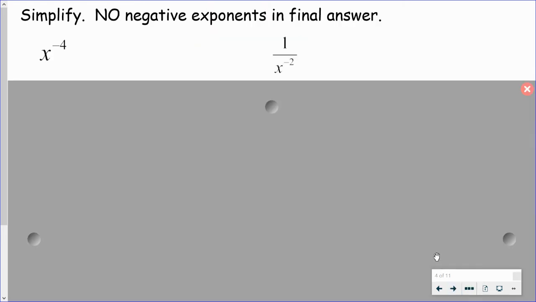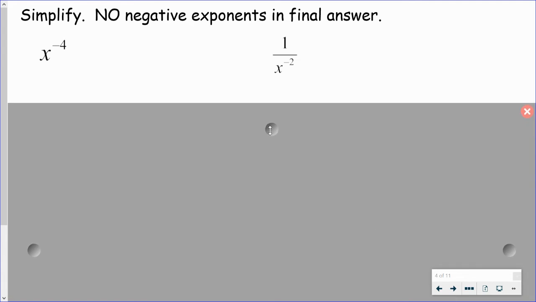Okay, now simplify. No negative exponents are allowed. So here's what I want you to do. Think about this. It's not a fraction. Make it a fraction. Okay? Now, unhappy exponent. Now, a happy exponent. We can't have a blank left on the top, so I need a 1.